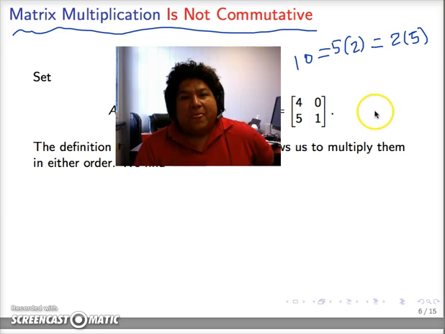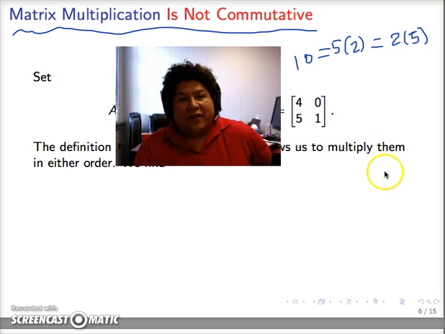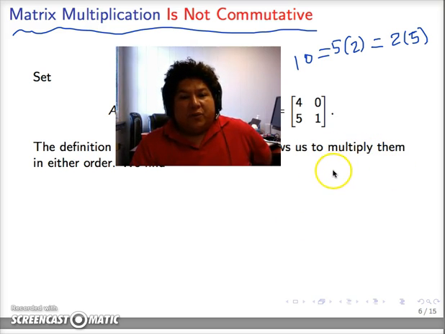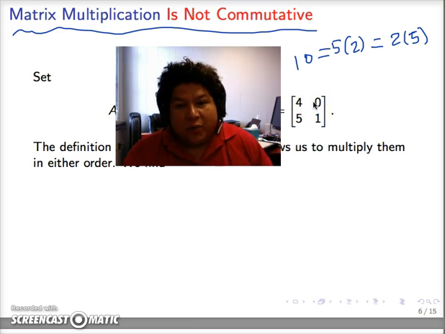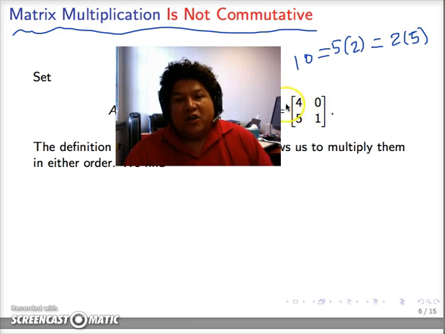And at some level, matrix multiplication reduces to linear combinations of columns, linear combinations of vectors. So this is not as straightforward, or trivial if you will, as multiplication of scalars. So one thing to keep in mind is that this operation is not commutative.